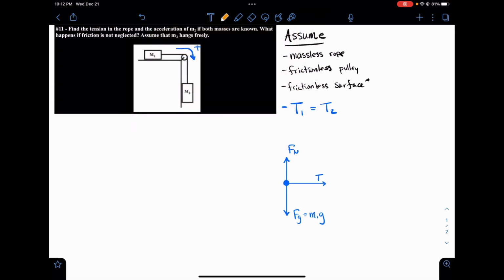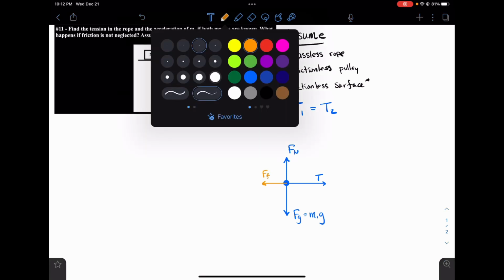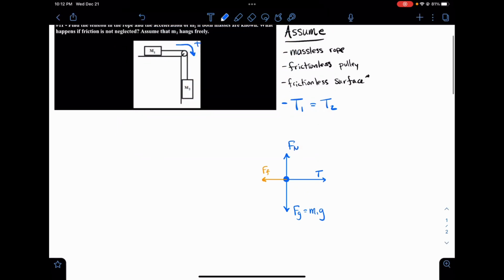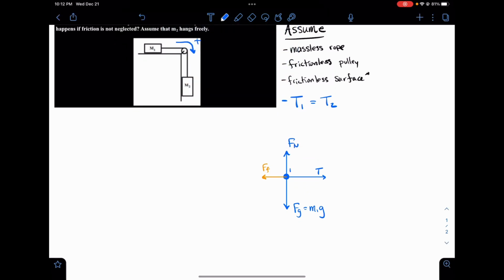And then in orange, I'm going to add a second force, the force due to friction, but that doesn't exist right now because we're assuming there's no friction for now. This is M1, or I'll just call this block 1. Block 2 is much simpler. It has the force due to gravity, which equals M2 times gravity, and then tension.